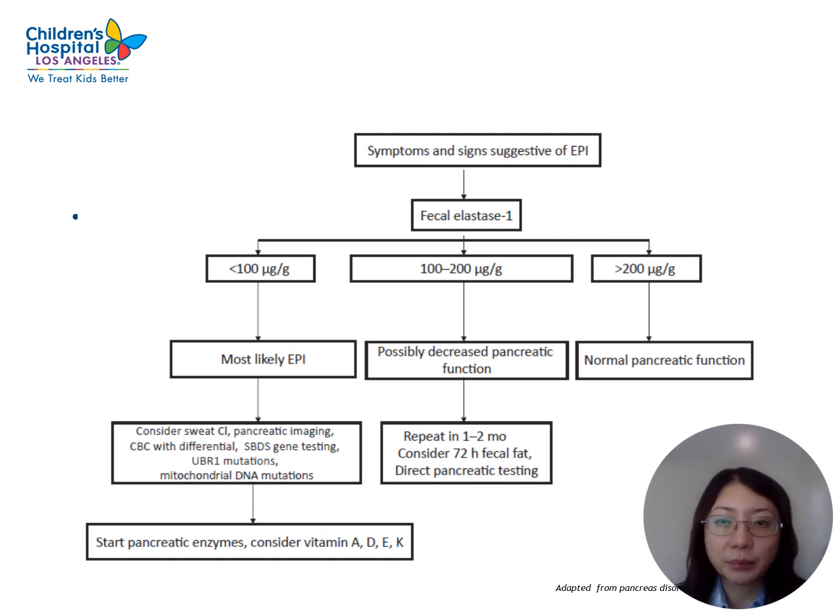If the number is between 100 and 200 micrograms per gram of feces, then the patient possibly has EPI. You want to monitor closely. You may repeat the test or utilize other modalities to assess EPI. If the number is above 200 micrograms per gram, most likely the patient has normal pancreatic function. But as I mentioned earlier, this method is not ideal to detect early EPI.